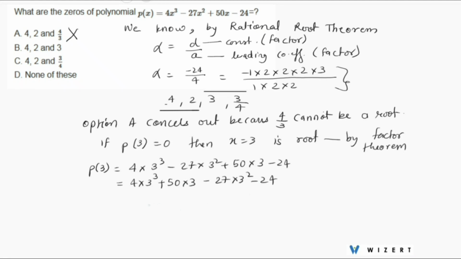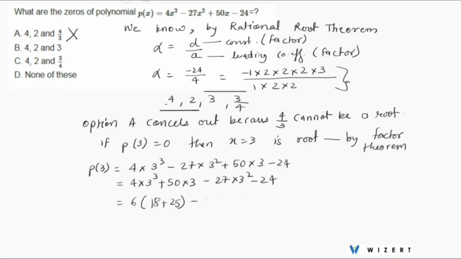We can take 3 into 2 common out here, so we get 6 multiplied by 2 into 3 square, 18, plus 25 as the positive part of the remainder.